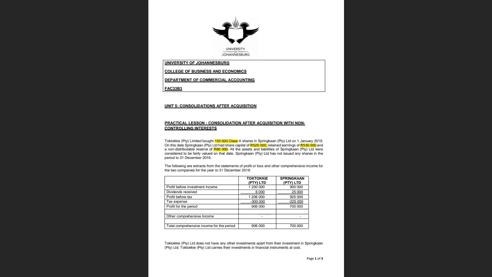The following are extracts from the statement of profit or loss and other comprehensive income for the two companies for the year to 31 December 2019. So here we have the statement of comprehensive income for both individual companies. Talk Talkie does not have any other investments apart from their investments in SpringCon.